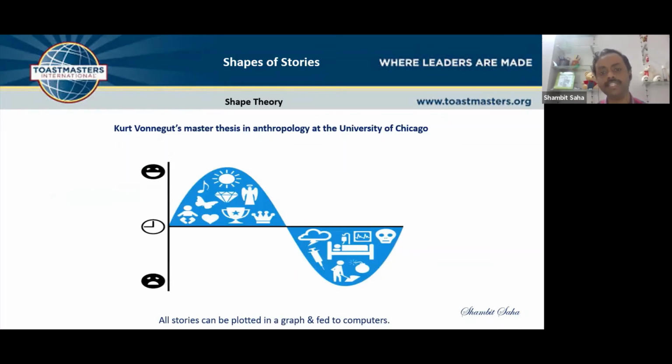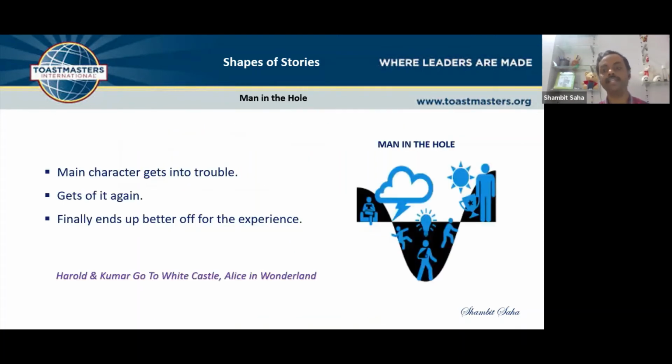So look at the various shapes that the stories can actually present to us. Right. Okay, fine. The first shape is called the man in the hole. Now, this is a very common thing that happens in our day-to-day life.